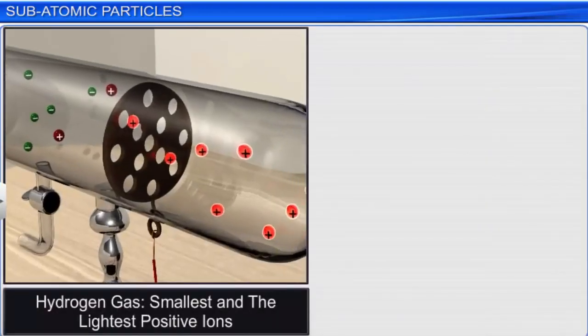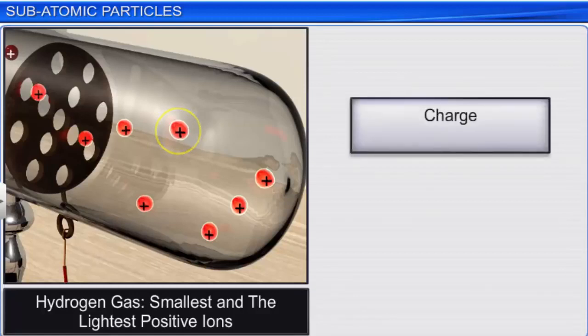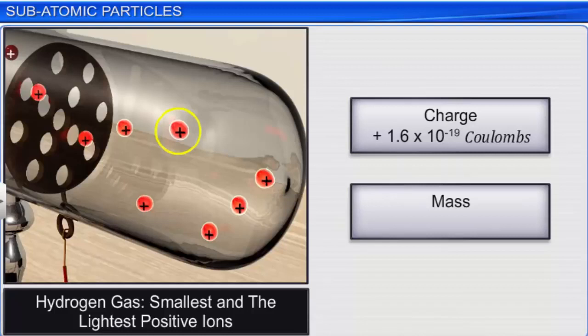Hydrogen gas produced the smallest and the lightest positive ions, with the magnitude of charge same as that of an electron but positive, that is, +1.6 × 10^-19 coulombs, and a mass similar to that of a hydrogen atom, that is 1.67 × 10^-24 grams.